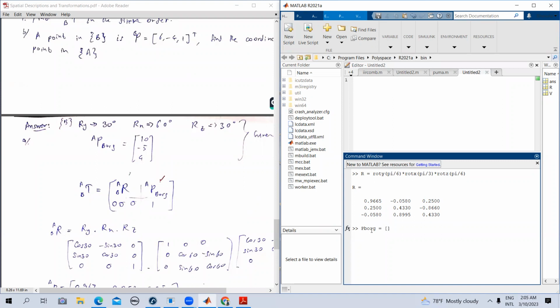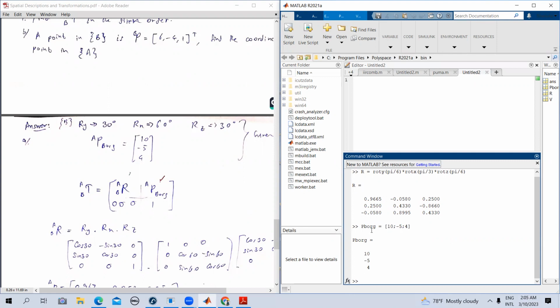You can either write it and take the transpose of this, or do anything that you prefer. In my case, I just put semicolons so that when I have to take transposes, things are much simpler. So now we got our position vector as well.